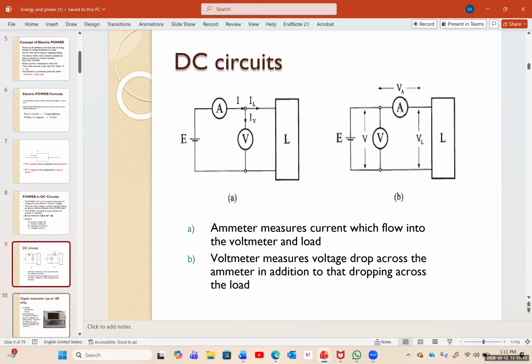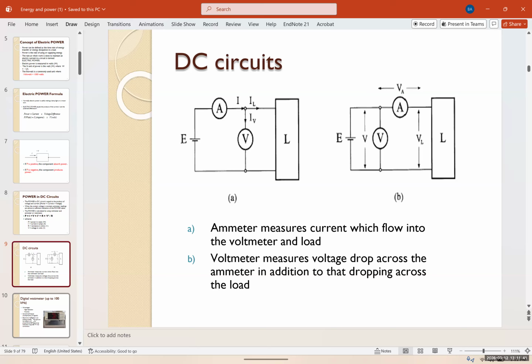We can connect the voltmeter to the load and the ammeter in series with all of that, or we can use the ammeter in series with the load and connect the voltmeter to the ammeter and the load. Now, if we do the one on the left side, figure A, the ammeter is measuring both the current passing through the load and the current passing through the voltmeter.